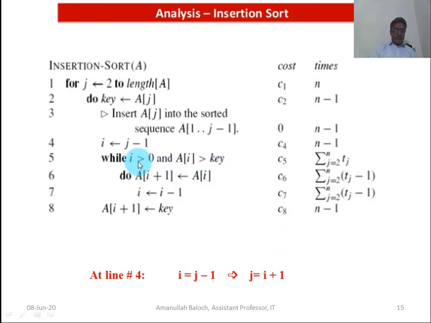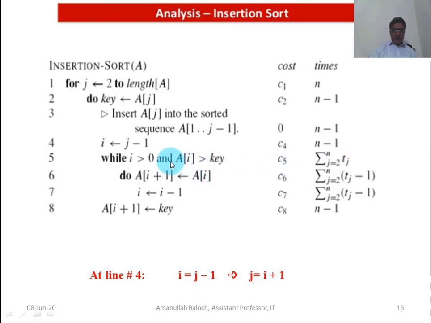If the body of the loop, these two statements, executed I times, then this test condition will execute I plus 1 times, and I plus 1 is equal to j, so we have represented it in the form of j.